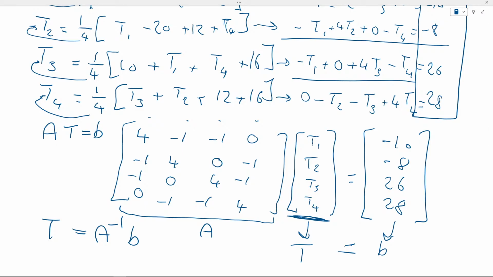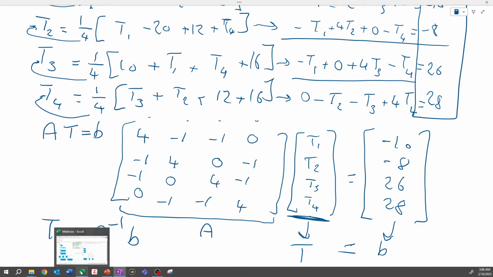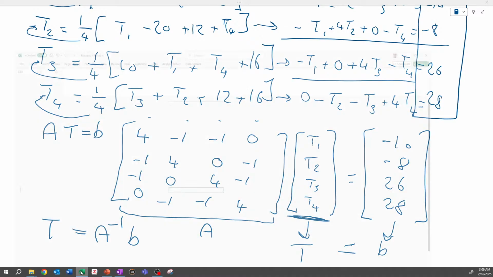We will not do this analytically because that would be very difficult. So I told you, you generally do this numerically. I will show you how to do it with Excel, and then I will also show you how to do it with MATLAB.